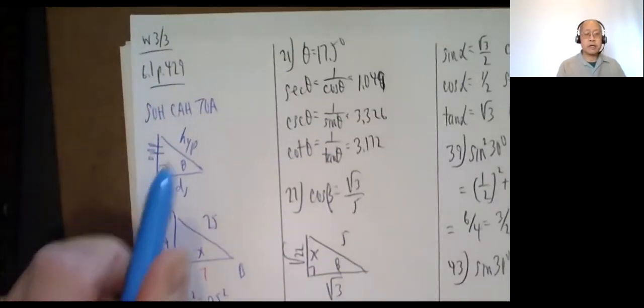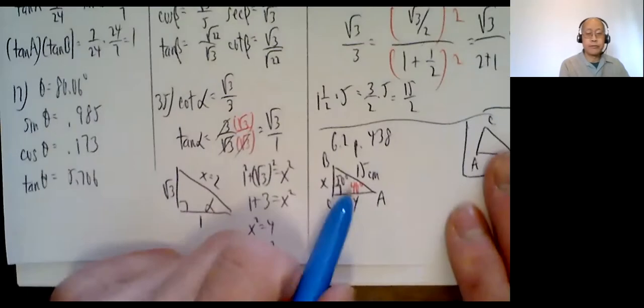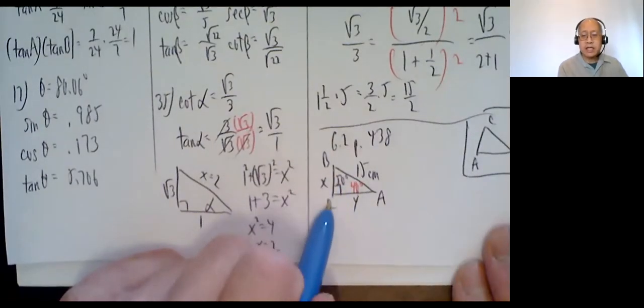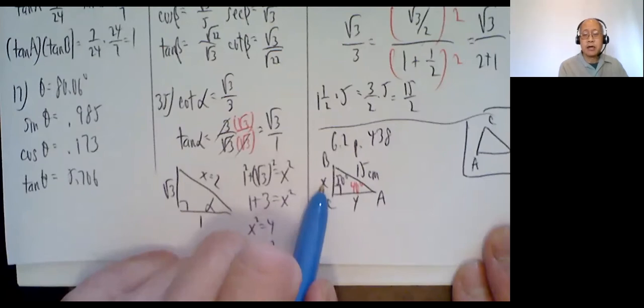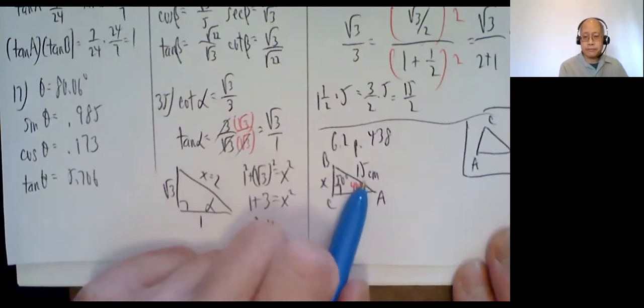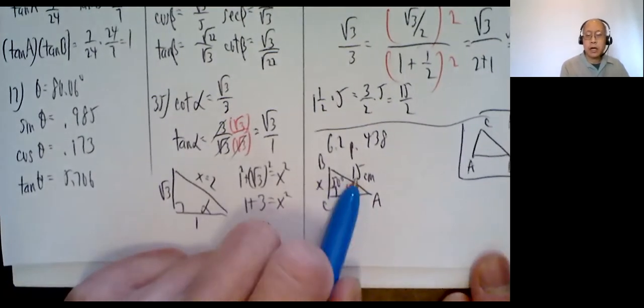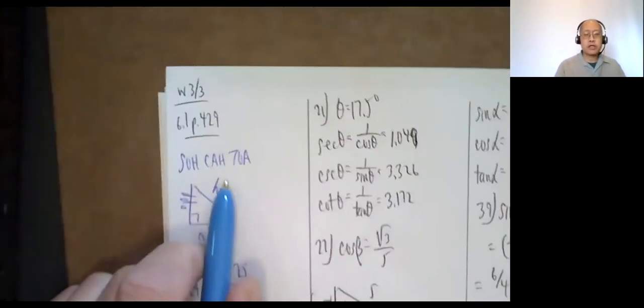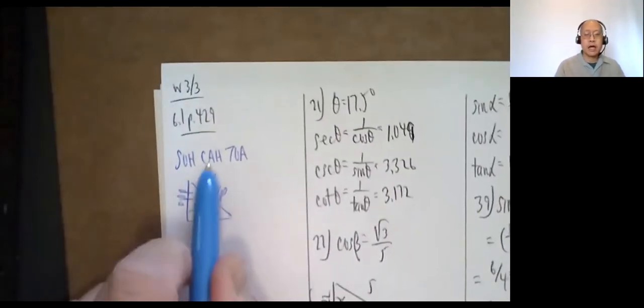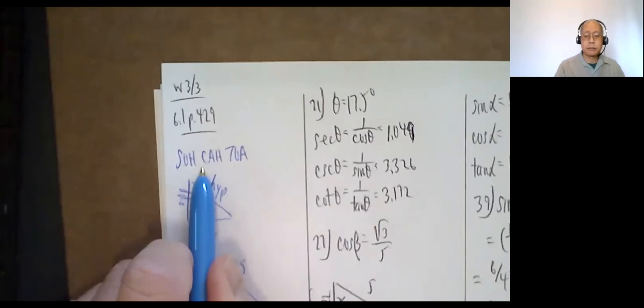In other words, is it opposite, hypotenuse, or adjacent? So for 50 degrees, X is the adjacent side. 15 is the hypotenuse. So adjacent, hypotenuse. Which trig function involves adjacent and hypotenuse? Cosine.